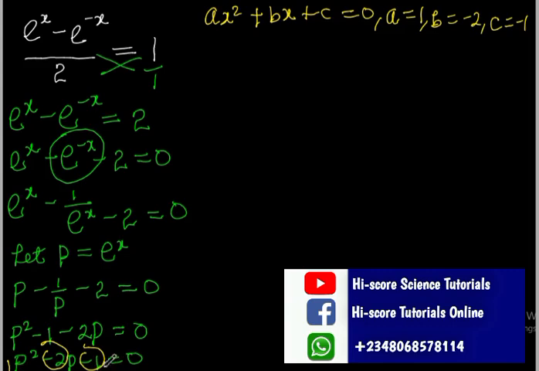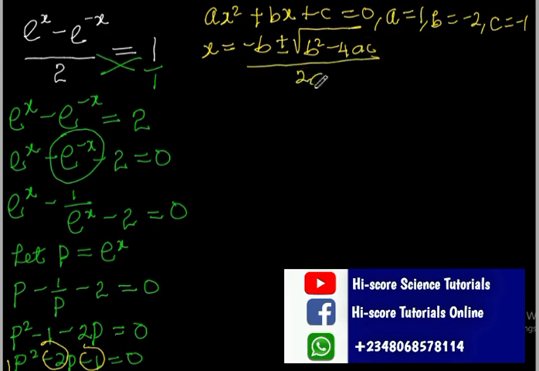So solving this quadratically, we apply the quadratic formula which says that for this expression, x is equal to minus b plus or minus square root of b squared minus 4ac all over 2a. And of course, our x here is equivalent to our p here, so we can write p equals this.